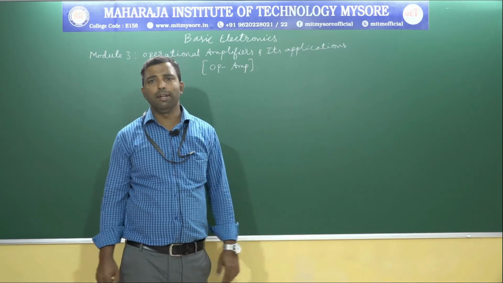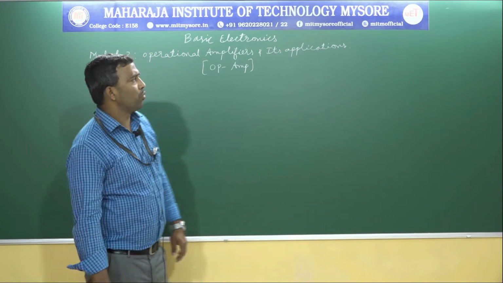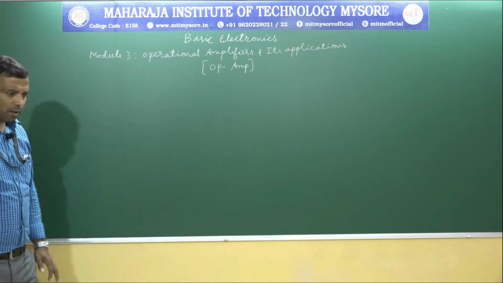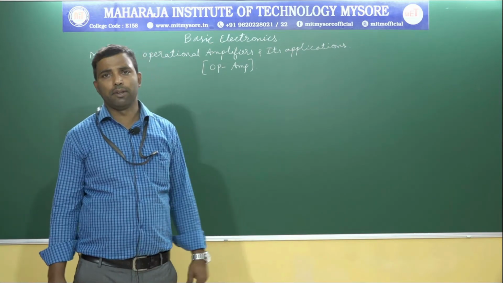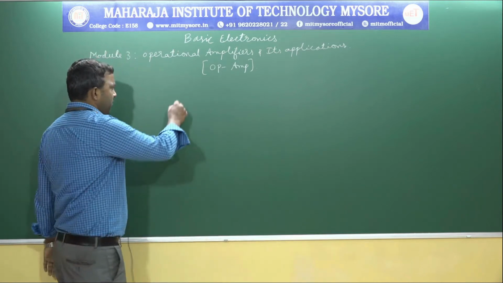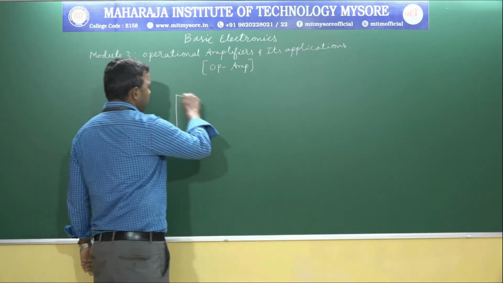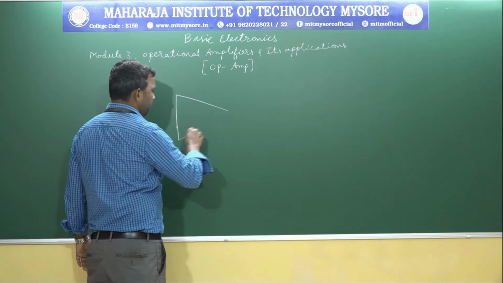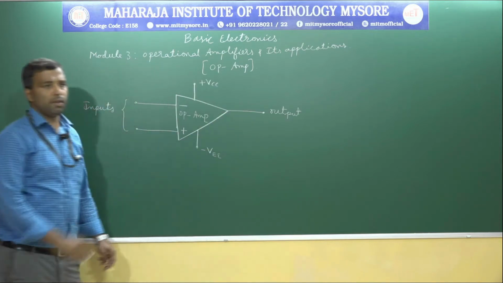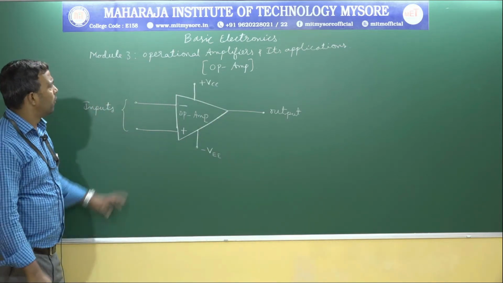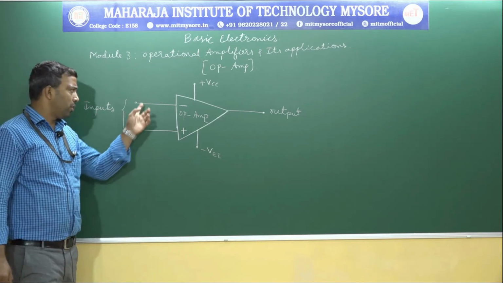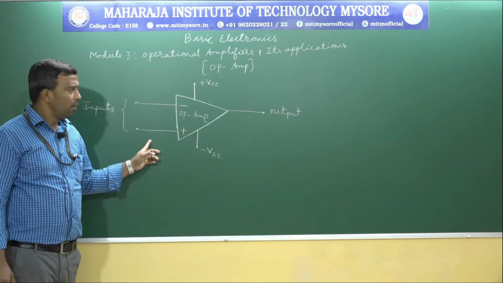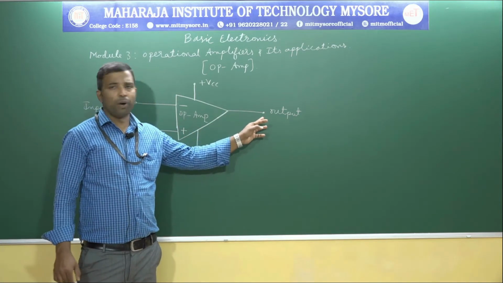We will discuss in detail. Before going to that, we'll consider how many inputs and how many outputs there are. The symbol of the OPAMP is represented like this. This is the symbol of operational amplifiers. It consists of 2 inputs and only one output.